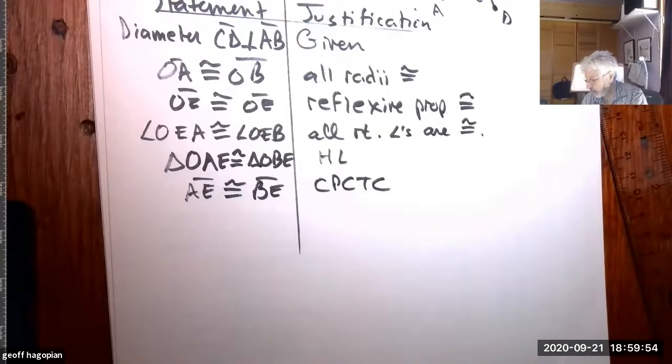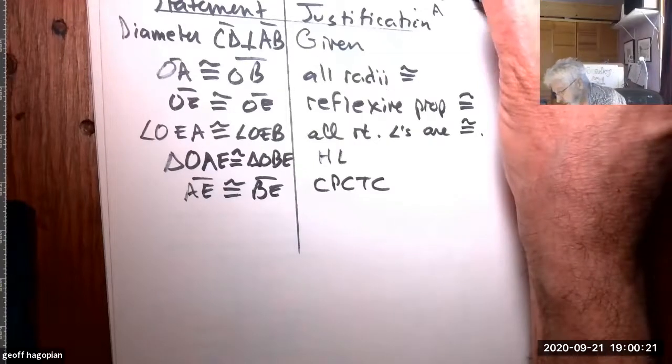The other thing is that the arcs are congruent. So now if we can show the chords of the arcs are congruent, then we can show the arcs are congruent, right? That was one of the principles. Can we show the chords are congruent? I suppose we can, right?